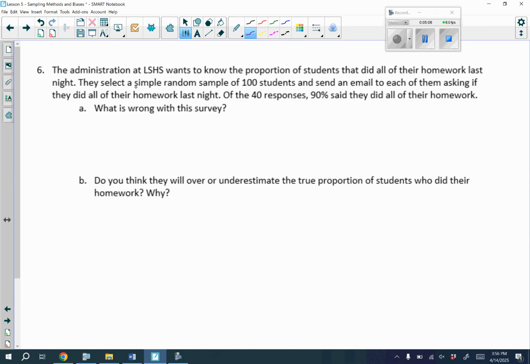Okay, yes, they did use a simple random sample, so that's good. The sampling method they used was good, but how they sampled was not. They allowed people to choose if they would answer.